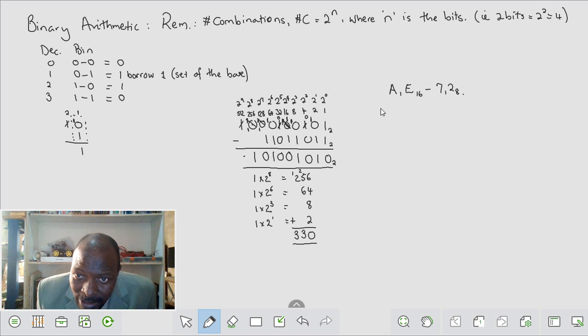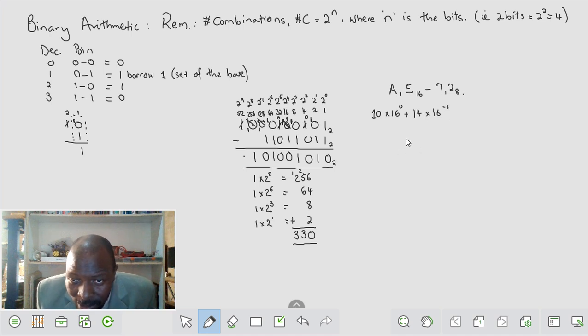You could say A times 16 to the power of 0, but remember A is 10, so instead of A, 10, plus E times 16 to the power minus 1. But remember again, E is 14.